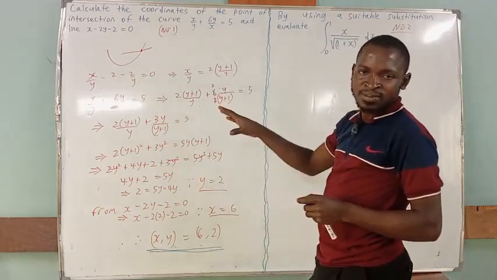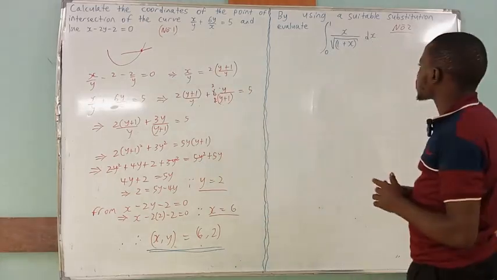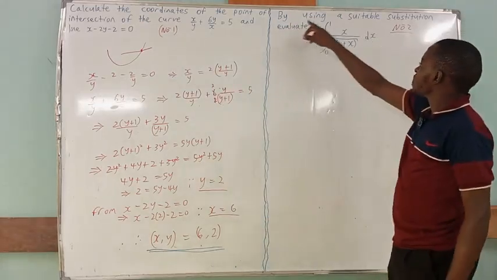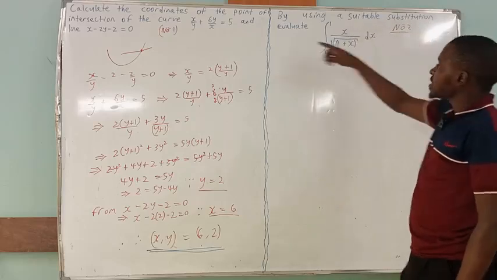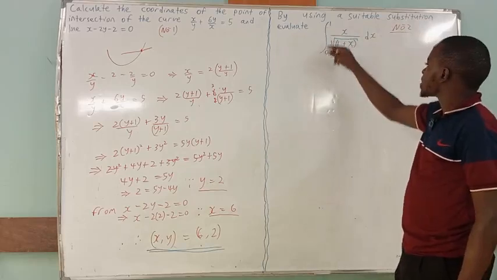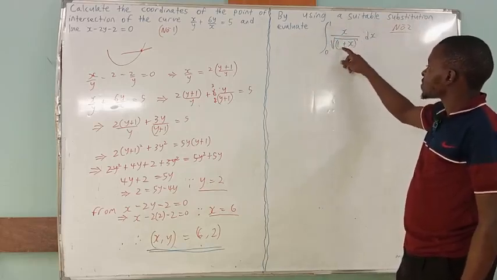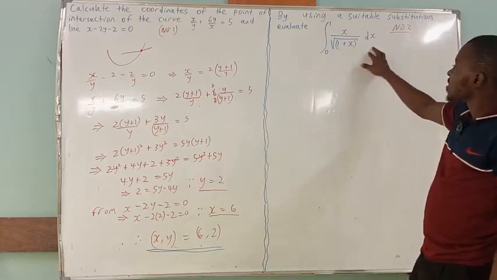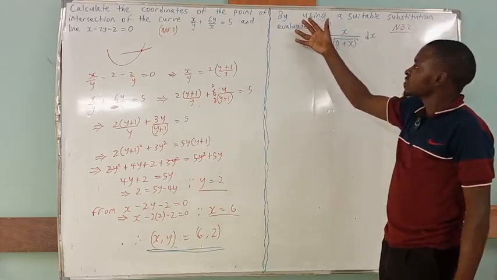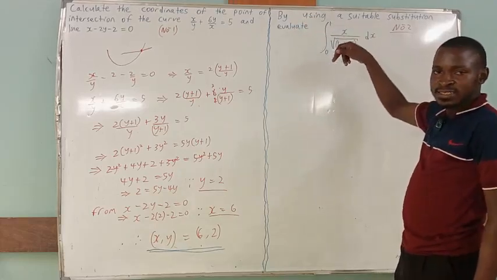That's number 1. Now we are going to number 2. Number 2 says, by using a suitable substitution, evaluate the integral from 0 to 1 of x over root of 1 plus x dx. They have even given us an idea that we are going to use the substitution.